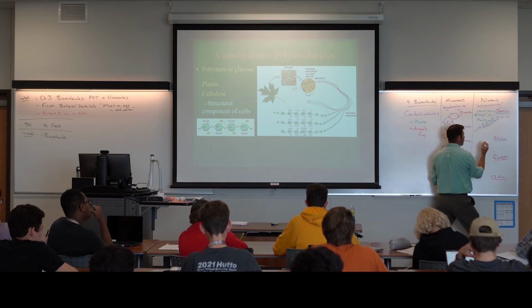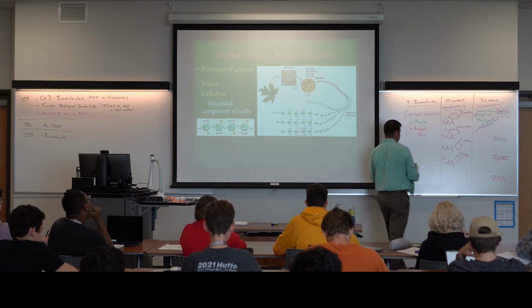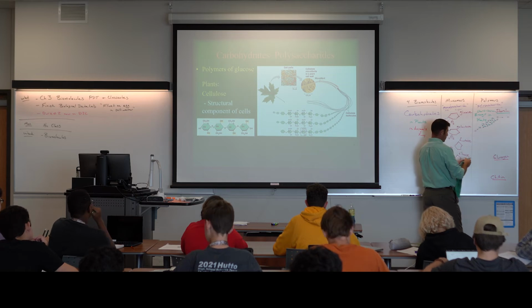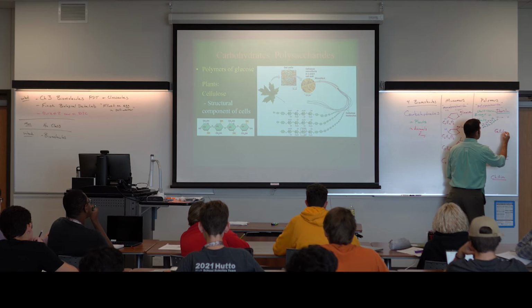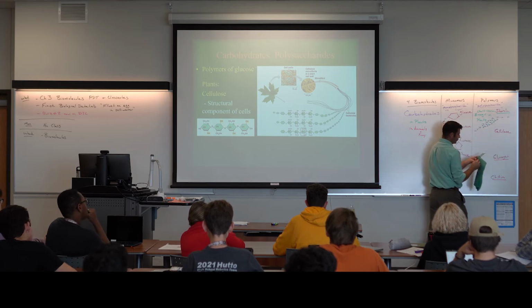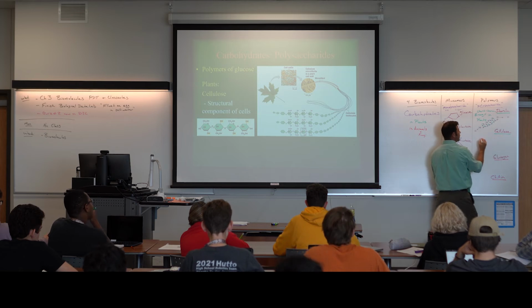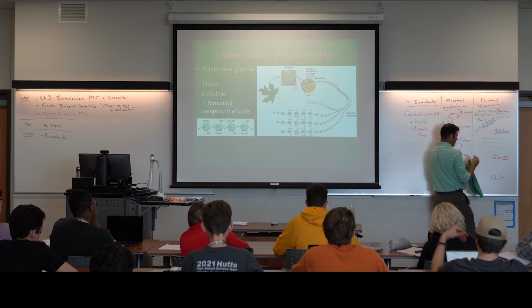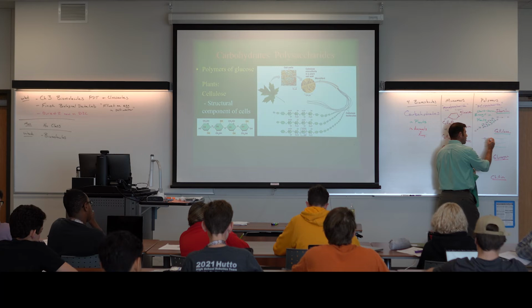Cellulose would look something like, I'm going to cheat and give myself a little more space. So cellulose is in plants, and what we can notice about cellulose are these sheets that form layers like a lasagna. And all along those sheets, we're going to see chains of these glucose molecules.